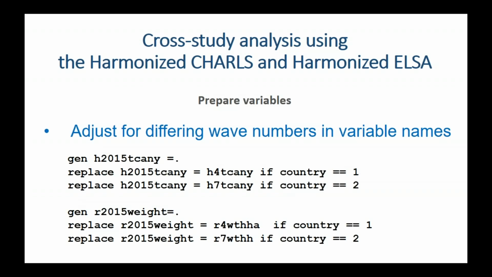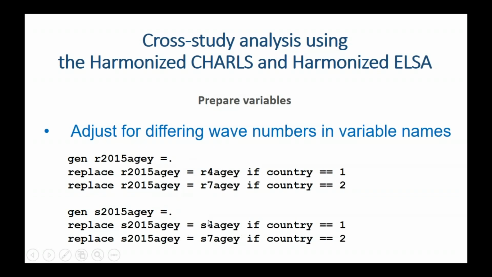And we're going to do this for all our variables. So we'll do this first for our childhood giving to children variable, our weight variable, and we'll do the same thing again for our respondent variable, our respondent age variable, and our spouse age variable.